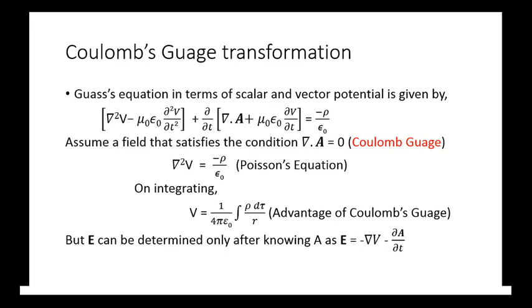And also we imposed a condition known as Coulomb gauge, that is del dot A is equal to 0. And we can find out the value of V easily by substituting the Coulomb gauge in the above equation. So that's about the potential formulations and gauge transformations.